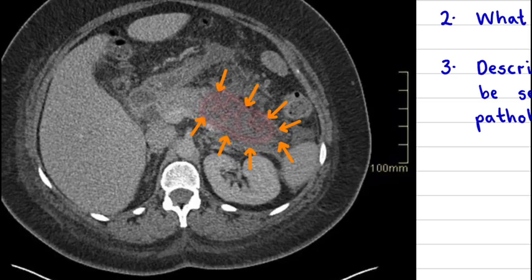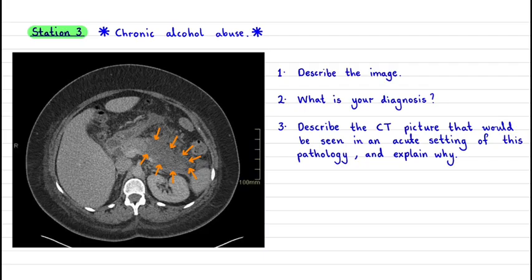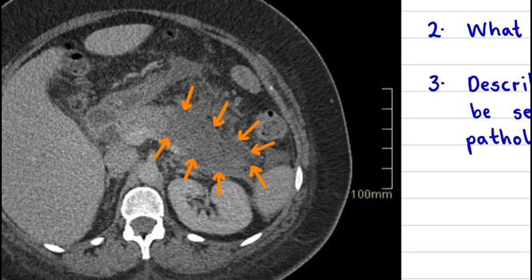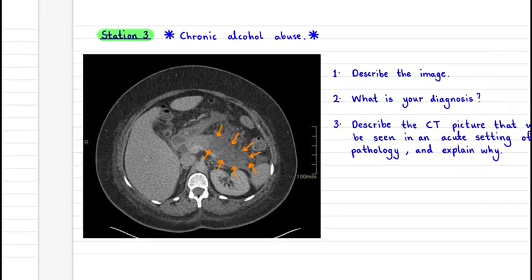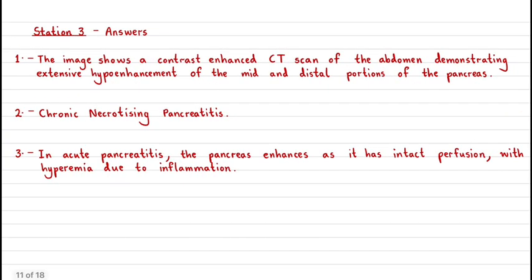But then when we have severe necrotizing pancreatitis, there is necrosis here. So the contrast is going to be unable to fill this particular part of the pancreas. Hence, the extensive hypoenhancement in that particular portion of the pancreas, demonstrating this pathology.